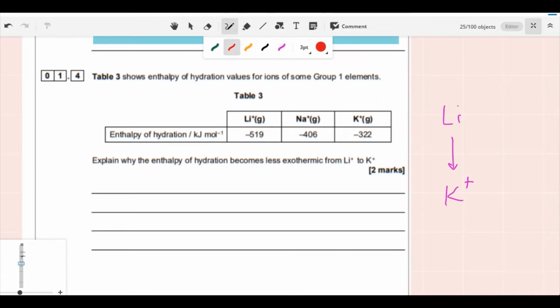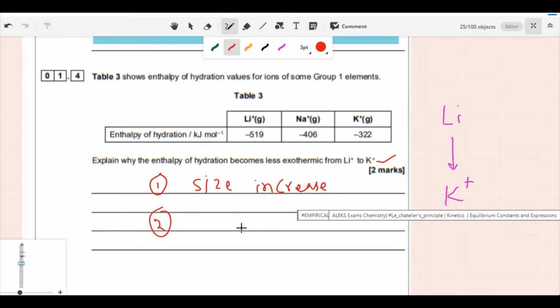So I am going to write it in a shortcut way, the first one, size increases. Now the second case, because that is a 2 marks question, at least you have to mention 2 important characteristics. So the first one is size increases from top to bottom.